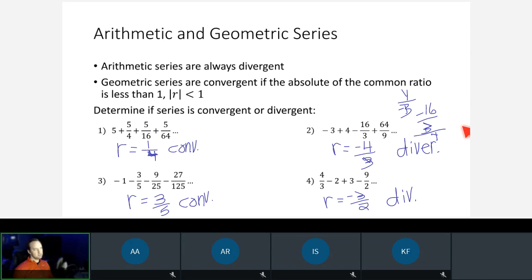Arithmetic are series where you are adding or subtracting the same number, called the common difference. For example, subtracting 2 every single time would be arithmetic.